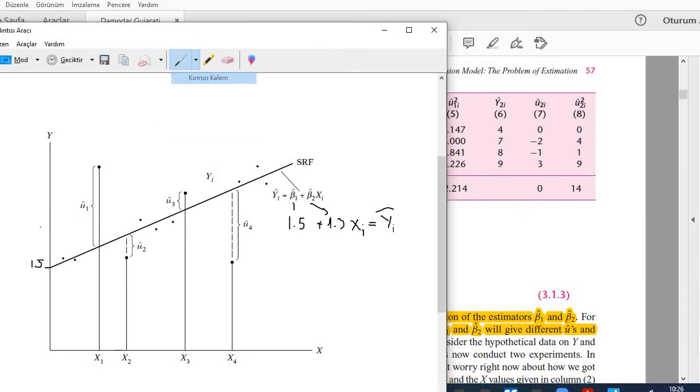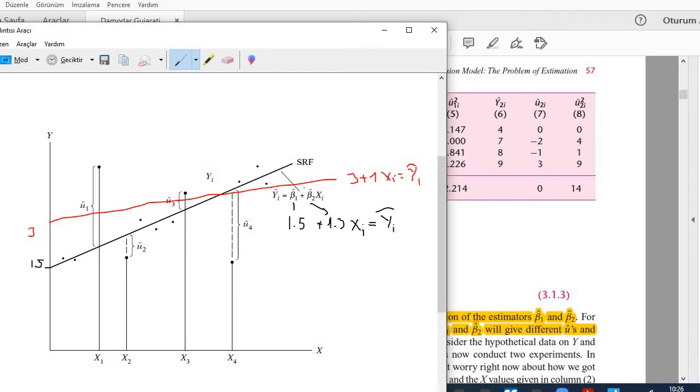Let me make it a green line. But the slope parameter is smaller than 1.3, so it can be like this: y hat equals 3 plus 1 x_i.